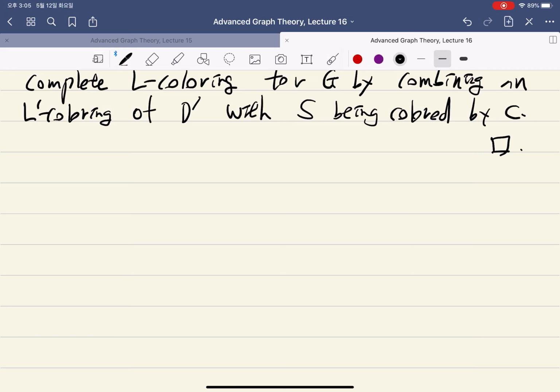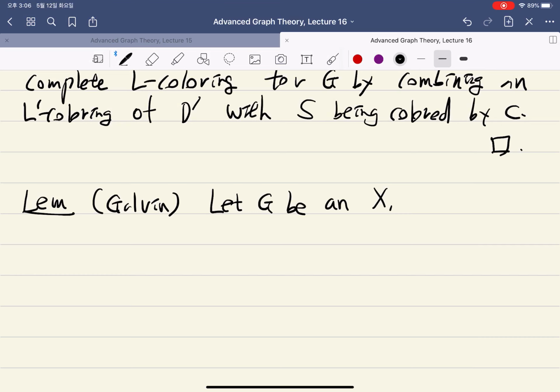So what we can prove is the following. Let G be a bipartite graph, let's say an X,Y bipartite graph, bipartite graph with the partition X,Y with multiple edges allowed.